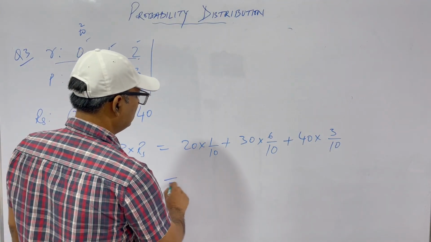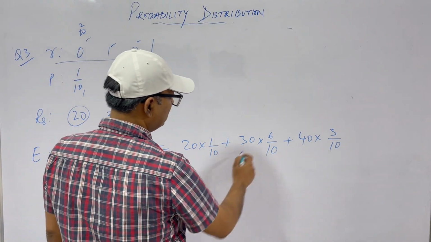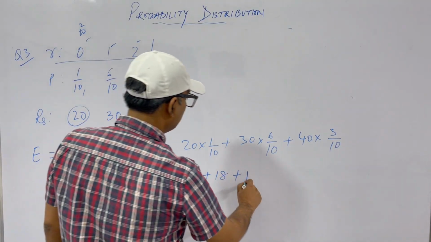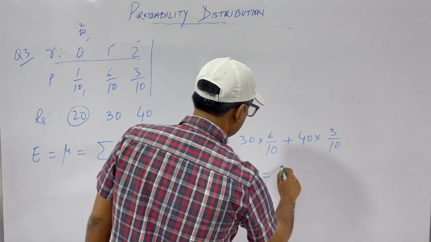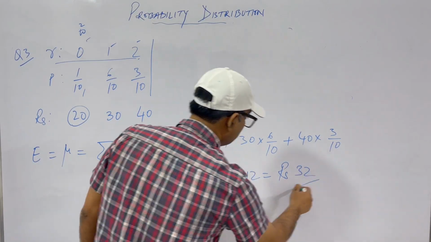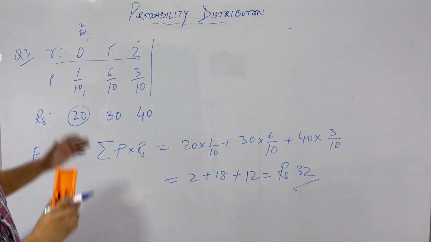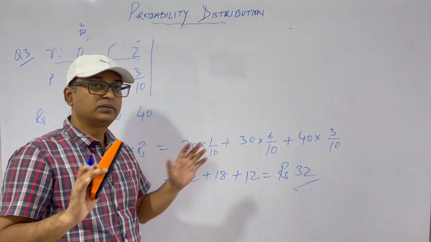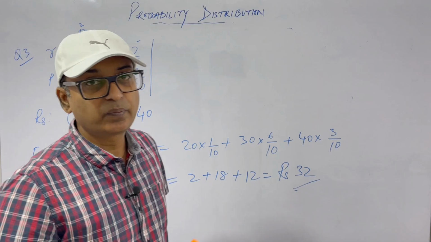This is 2, plus 18, plus 12, so this is 32, that is rupees 32. This is the expectation. So if we have such an arrangement, what you can expect is rupees 32. This is a fair expectation. Okay, clear?